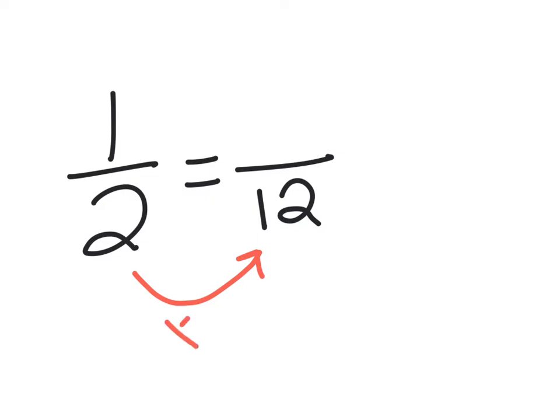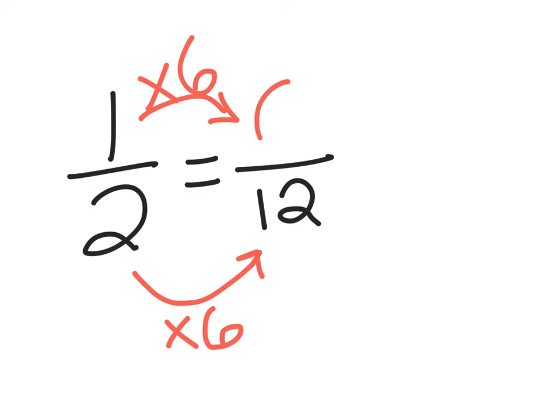Some of you may be thinking, I multiplied by 6. 2 times 6 gives me 12. So if we did the exact same thing at the top, 1 times 6 gives me 6. You may have already done that in your head, as it's pretty easy just to split things in half. We know half of 12 is 6. So the equivalent fraction for 1/2 out of 12 is 6.